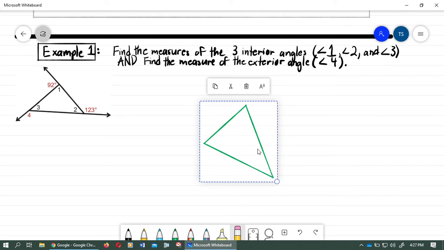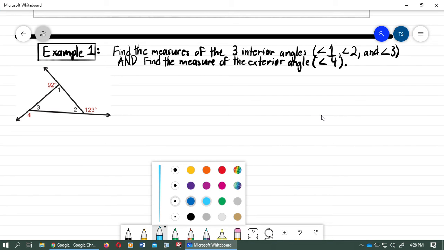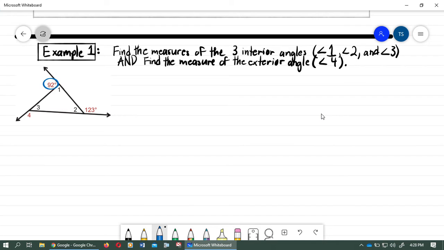Let's go ahead and get this example worked out here. Okay, so let's work this out. We've got 2 exterior angles here. So let's say that we wanted to just deal with this exterior angle and use it to figure out some more information about our diagram.